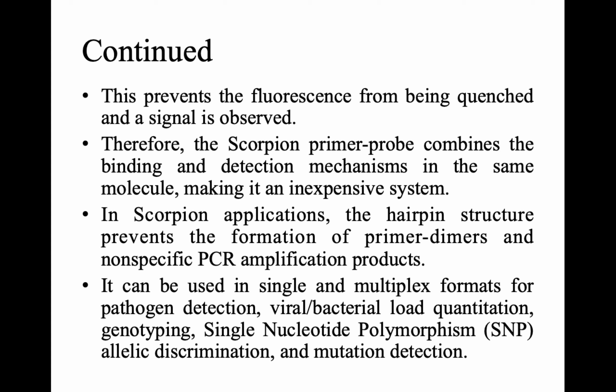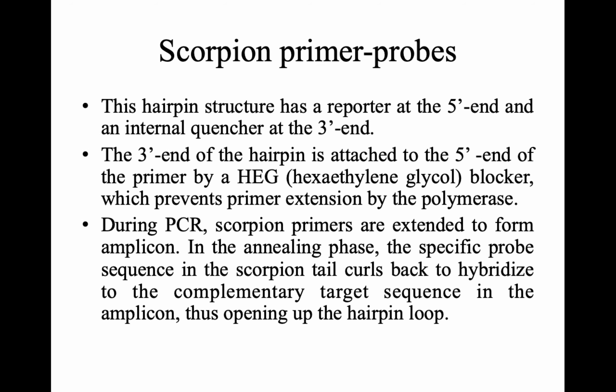This prevents the fluorescence from being quenched, and the signal is detected. In the annealing phase, the scorpion primer probe, due to the presence of the complementary sequence to the target DNA, binds to the target DNA and hybridizes with it. Whenever it hybridizes, its hairpin structure is lost. Due to the loss of the hairpin structure, the reporter molecule and the quencher molecule are separated and now far away from one another.